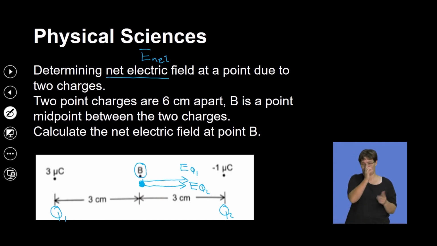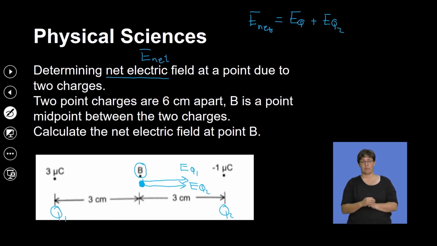So E net, in this case, becomes equal to E due to Q1 plus E due to Q2. Because both of these vectors are to the right, towards Q2, we'll take that direction as positive. We're choosing our direction. The direction towards Q2 is positive.